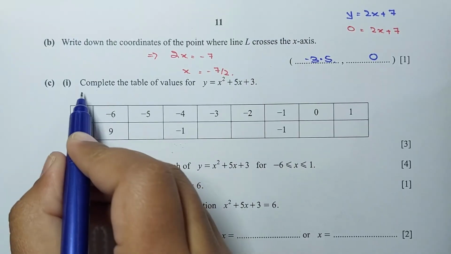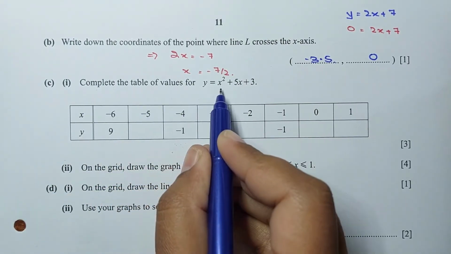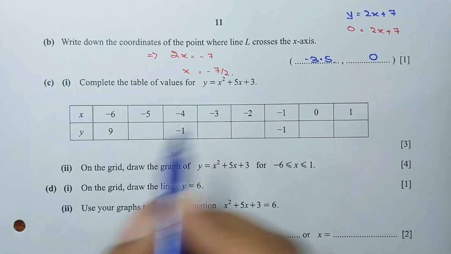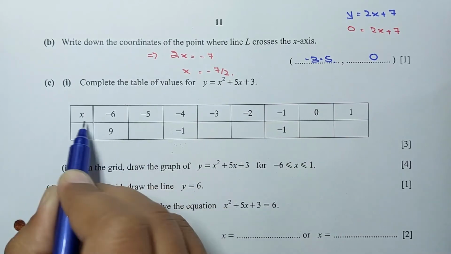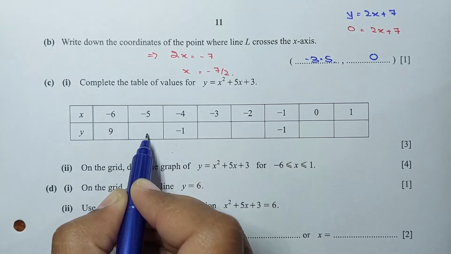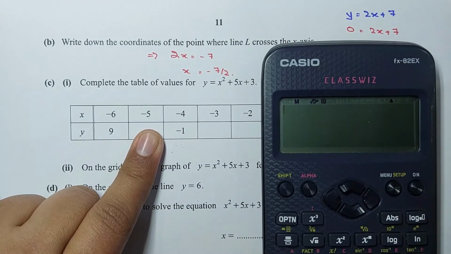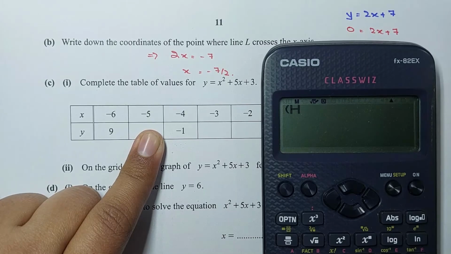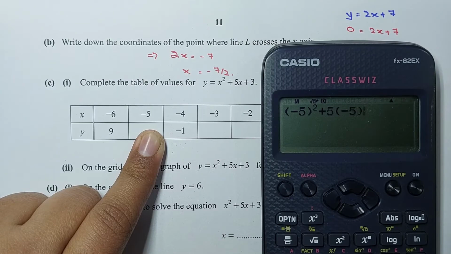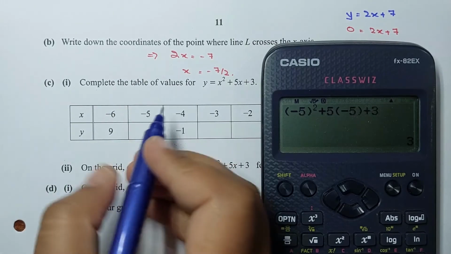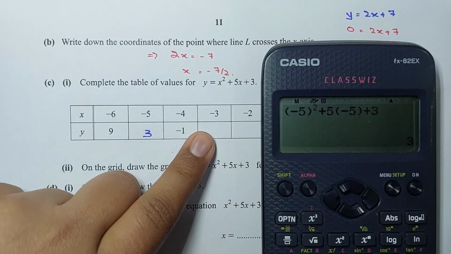Now for part C, number 1, complete the table of values for y equals to x square plus 5x plus 3. Okay, so when the x is -5, we have to solve for y. Okay, x is -5. So we can say -5 squared, and plus 5 times -5 and plus 3. This is 3. When it is -3, let me change over here.